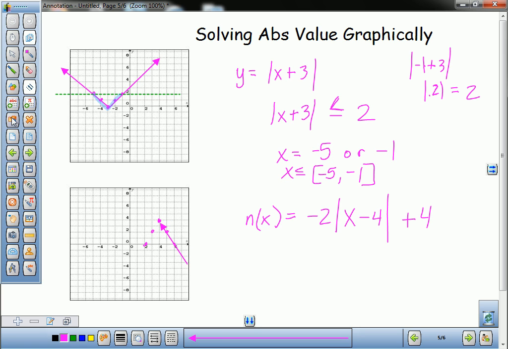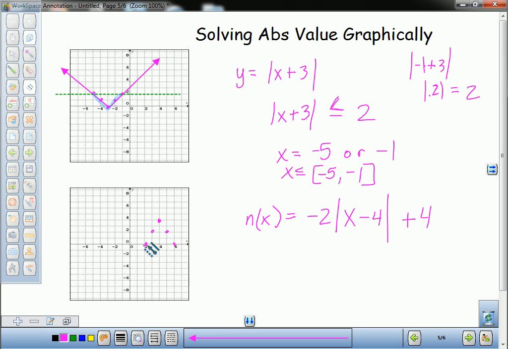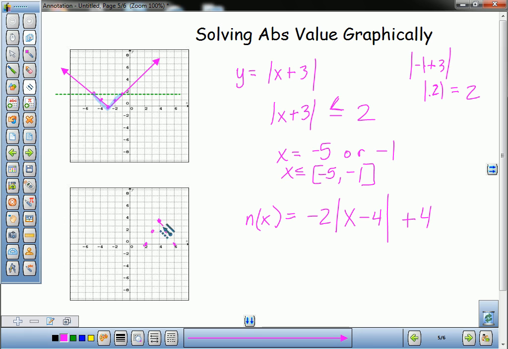Uh-oh, I picked the wrong arrow. I picked the wrong arrow twice. There we go.